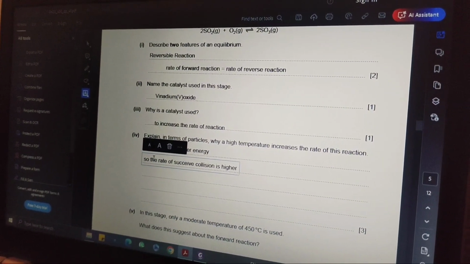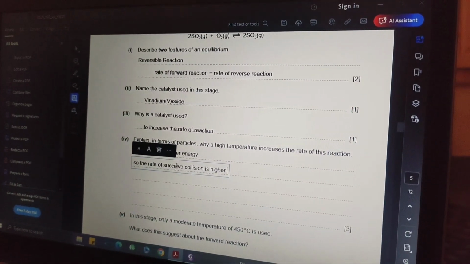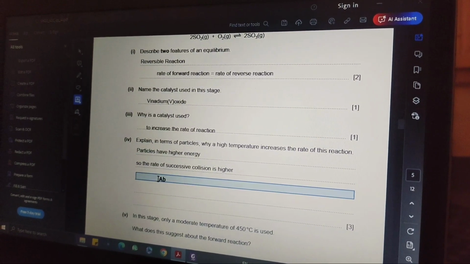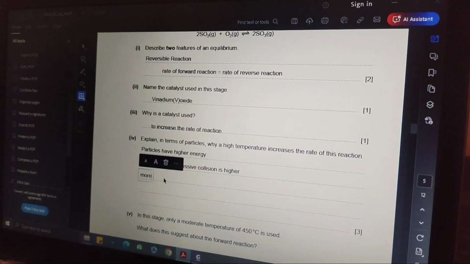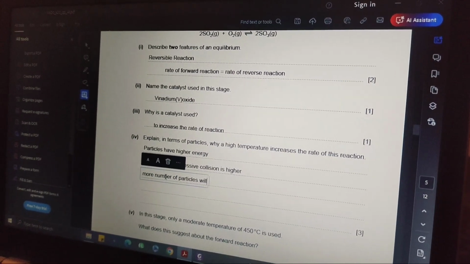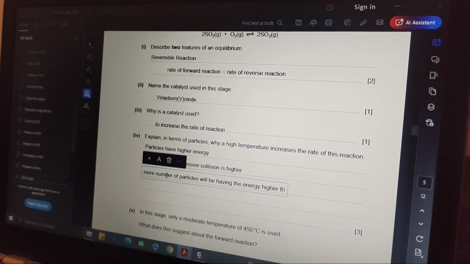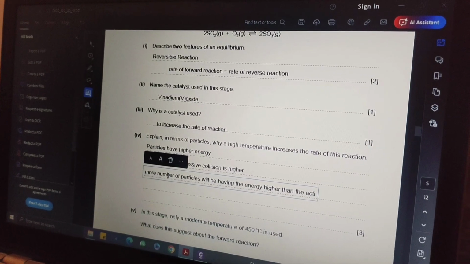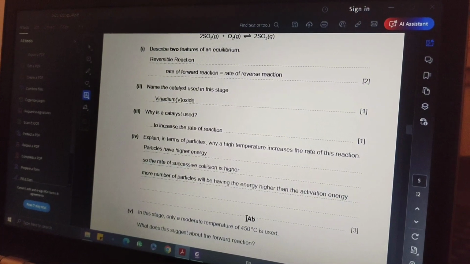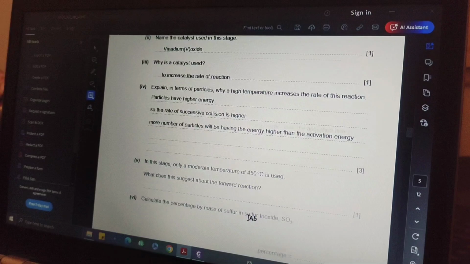A successful collision means that the reactants will be converting to the products. And obviously more particles will be having energy higher than the activation energy. Okay, so you can provide your own wording, you can provide your own statements, but these are the major points.